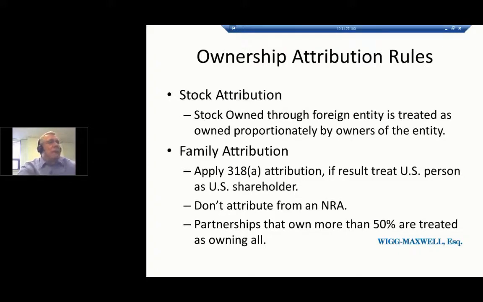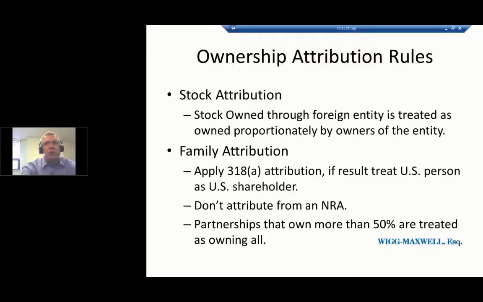You also apply family attribution. Anyone who's been through the tax program knows that family attribution is in section 318(a) of the code, and family attribution is applied if the result of the attribution is to cause a U.S. person to be treated as a U.S. shareholder. So if it pushes you over the threshold of becoming a 10% or more shareholder, you get attribution.